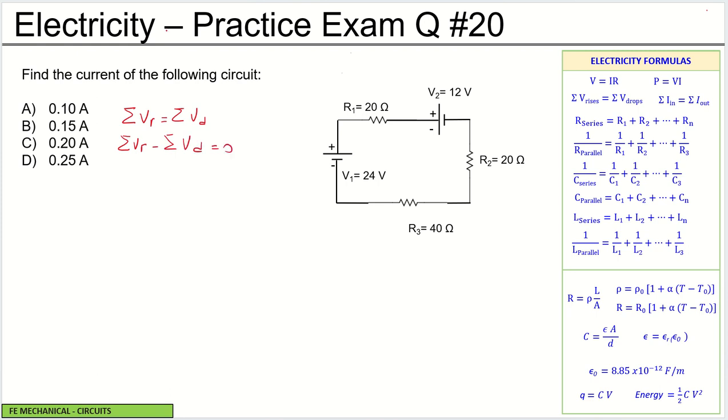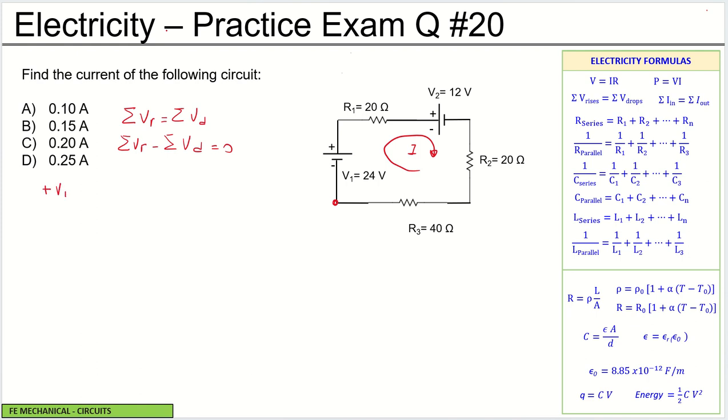So I'm going to assume a direction of the current, like this. And this is the current. I'm going to start from one point and go around the circuit. The first thing I find is V1, and because it goes from minus to plus, it's positive. So plus V1.